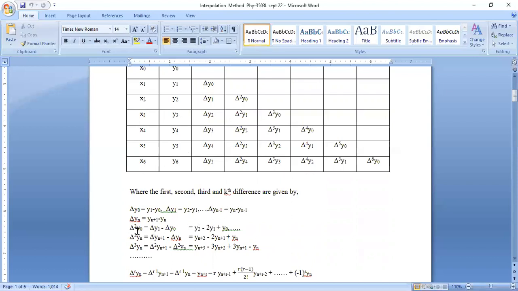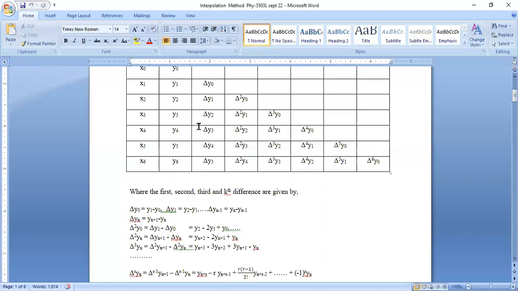Similarly, you can find del square y0. Del square y0 is delta y1 minus delta y0, right? And delta y1, we know, is y2 minus y1, and delta y0 is y1 minus y0.